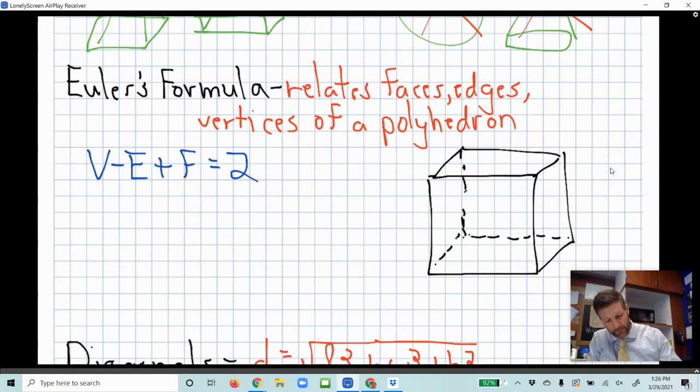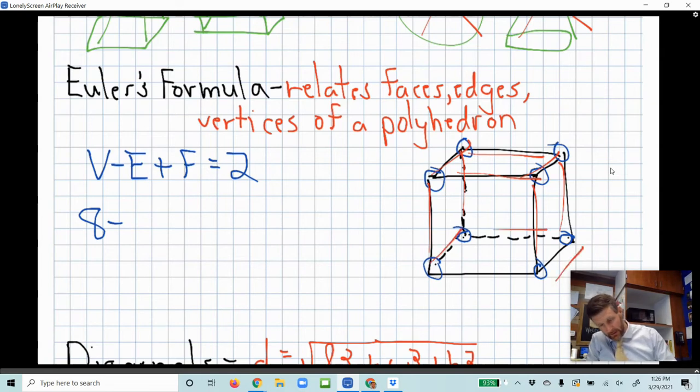So we'll just do a quick example here using our drawing, our cube or our square prism or our polyhedron. We start with the vertices. The number of vertices are 1, 2, 3, 4, 5, 6, 7, 8. So we've got 8 vertices minus, okay, so then how many edges? 1, 2, 3, 4, 5, 6, 7, 8, 9, 10, 11, 12.